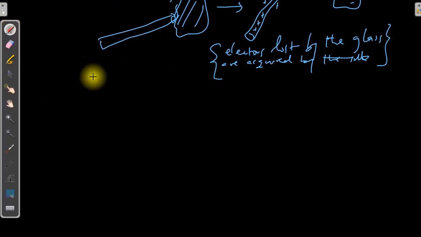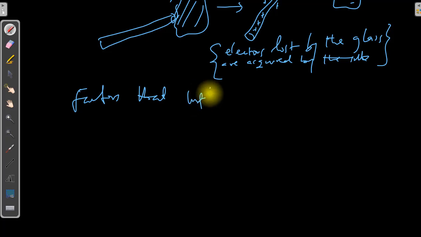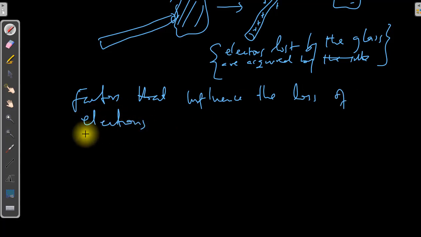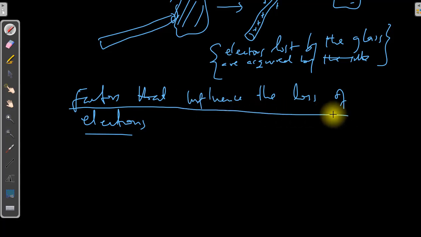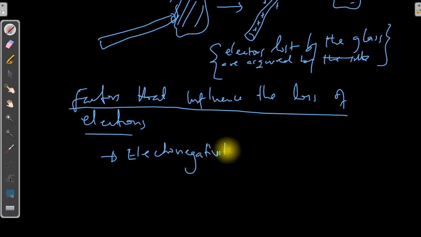We have about 3 factors that influence the loss of electrons, and these factors are basically the electronegativity of the material or of the atom.